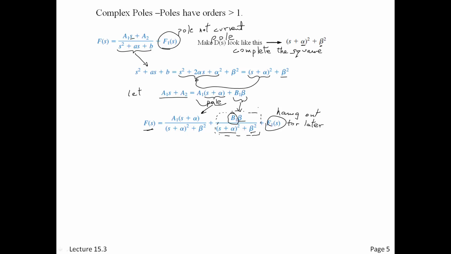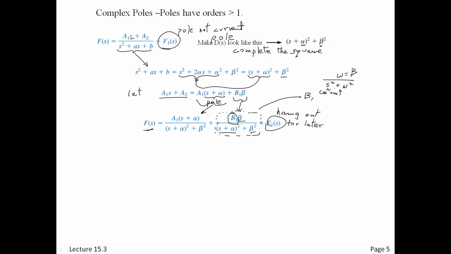remember the next step is going to be look it up in the table. This is good. This has the form, without the B1, we'll put that out front, of what? The sine. Remember the sine in the table is what? It's omega over s squared plus omega squared. Well, we sort of have that look here. If omega is equal to beta, right, and s squared is actually equal to (s plus alpha) squared, boy, we're pretty close.